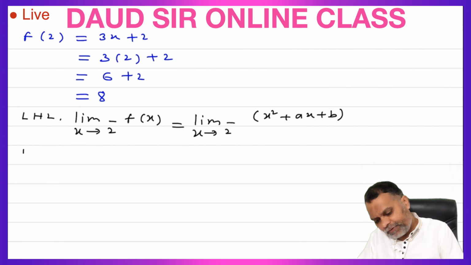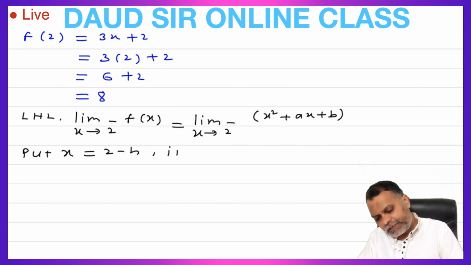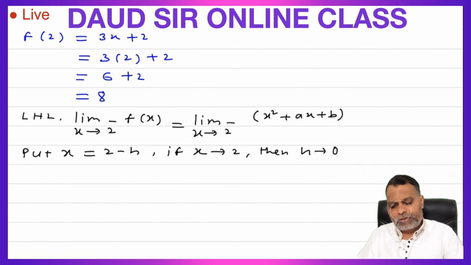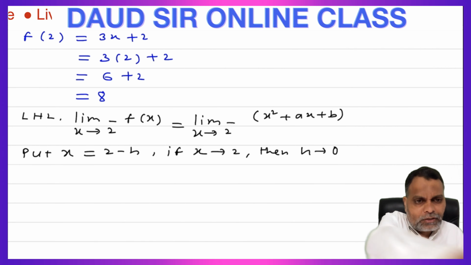For left hand limit we have to put x is equal to a minus h, here a is equal to 2, so put x is equal to 2 minus h. If x tends to 2 then h tends to 0. How? This 2 minus h tends to 2, 2 gets cancelled, so minus h tends to 0, that is h tends to 0.